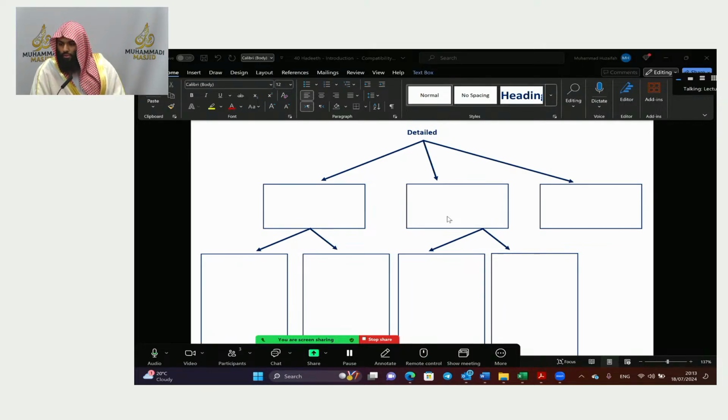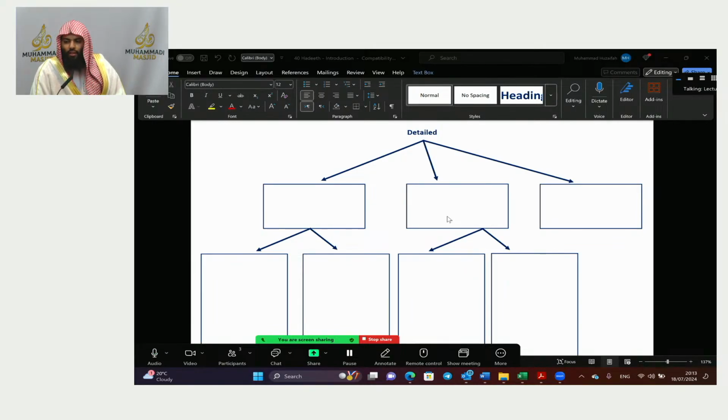I'll give you the names of all of them, and then we'll explain what it is. So just write down the names for now. The first type of Sahih in Arabic is called Sahih li dhatihi, which in English means Sahih by itself.